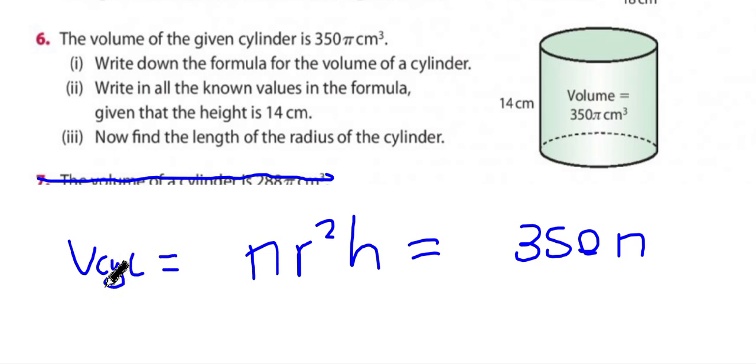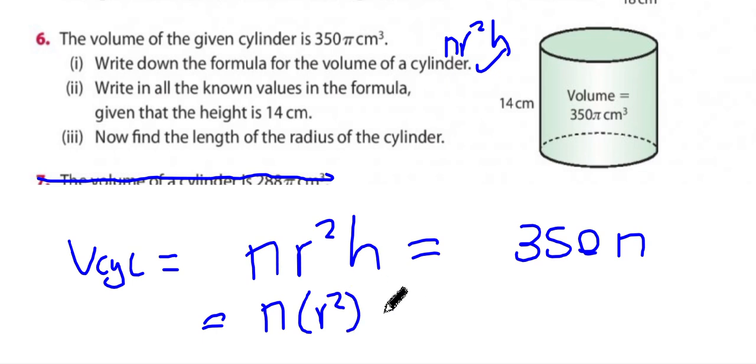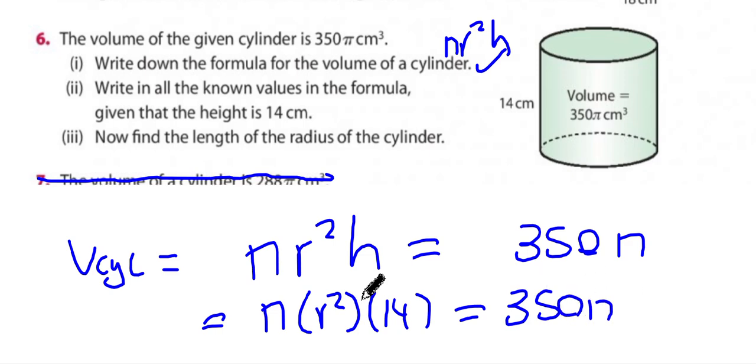Genius. Now. Okay. Write all known values into the formula. Well, we know pi. Do we know r? No, sure, that's the point of part 3, isn't it? Okay. Do we know h? And we know that that's 350 pi.